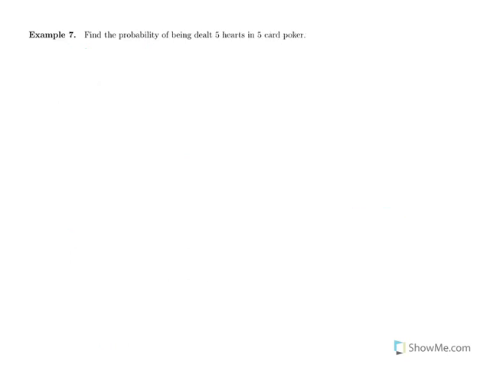And last problem here, find the probability of being dealt 5 hearts in 5-card poker. So once again, our sample space is the same. It is 52 choose 5. That's the number of ways that we can have 5 cards. But our event now is get 5 hearts.